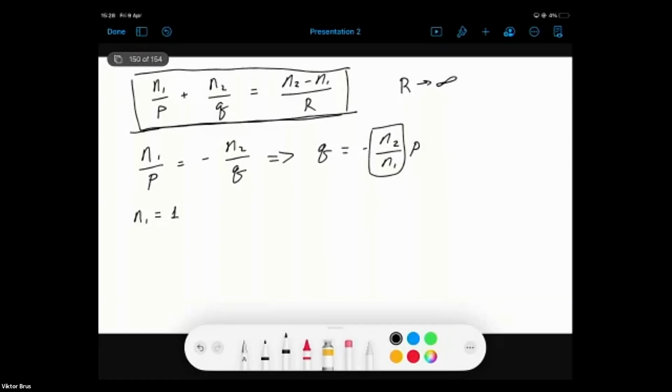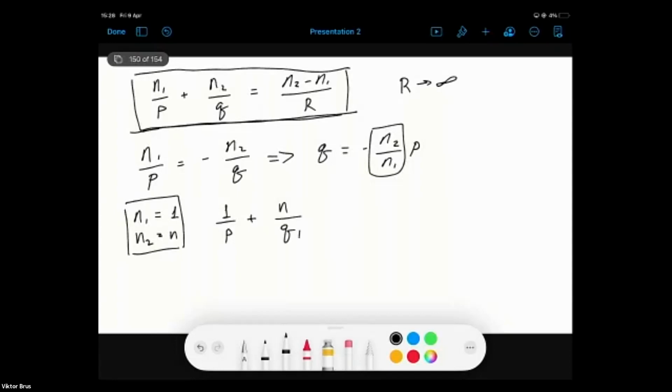Instead of N1, we just put unity, divided by P. This is the distance from the real object to the first interface, the first surface of the lens, plus N. We assume that N2 is equal to N, just the refractive index, let's say, of glass, the material of the lens, divided by Q1.